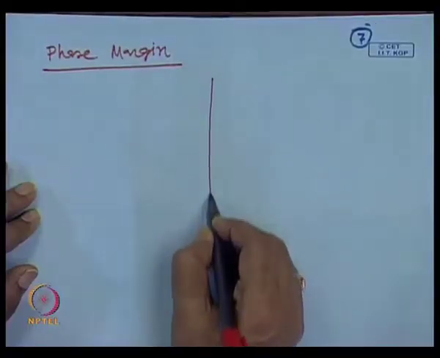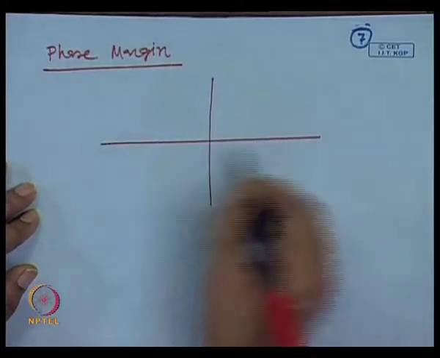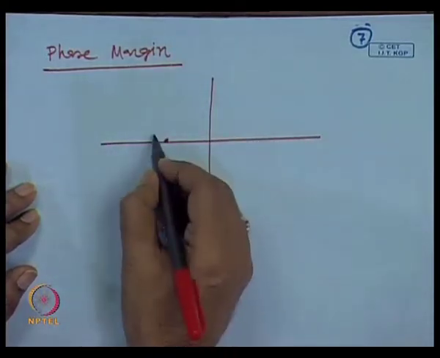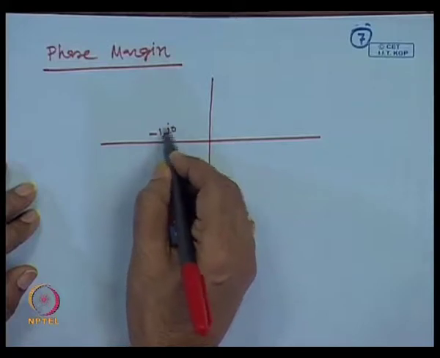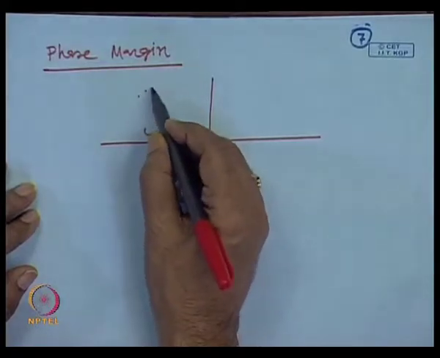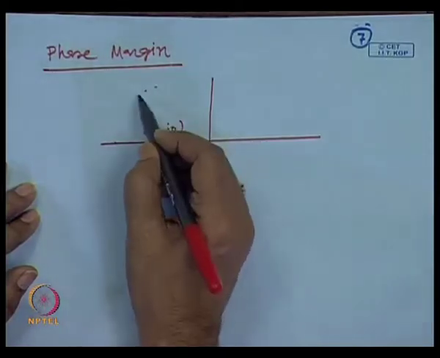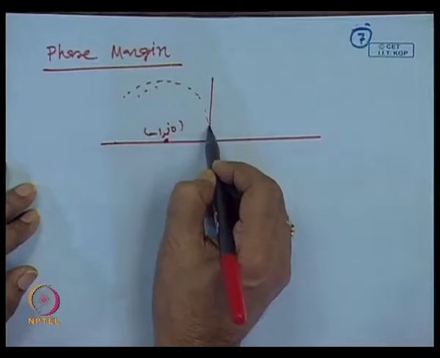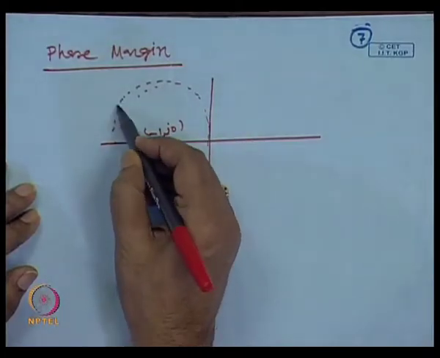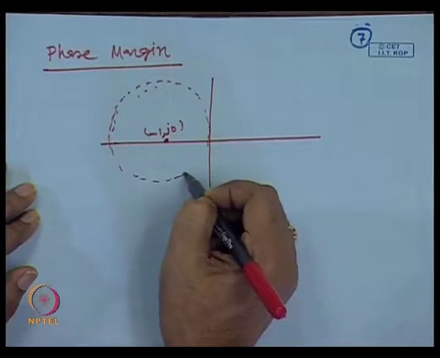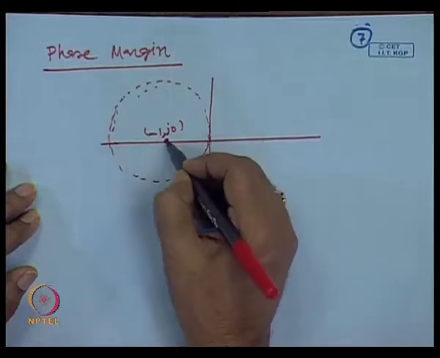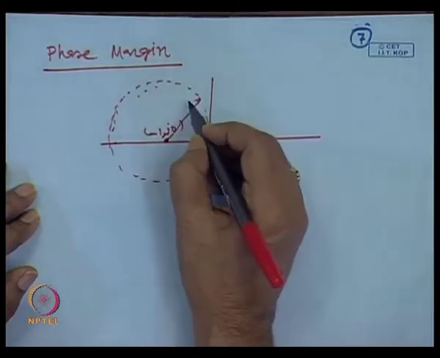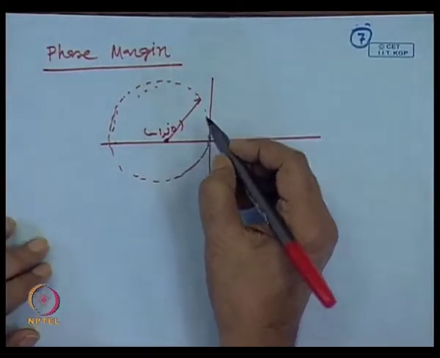So, let us see the phase margin. Let us plot it. This is the minus 1 j 0 point.